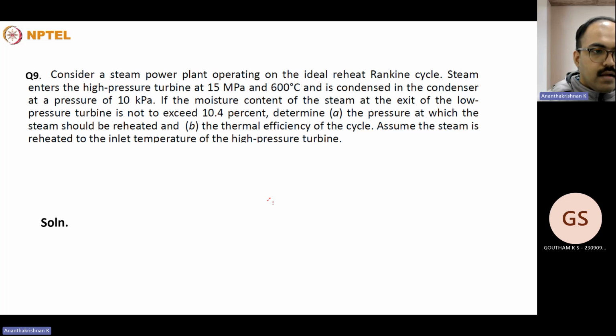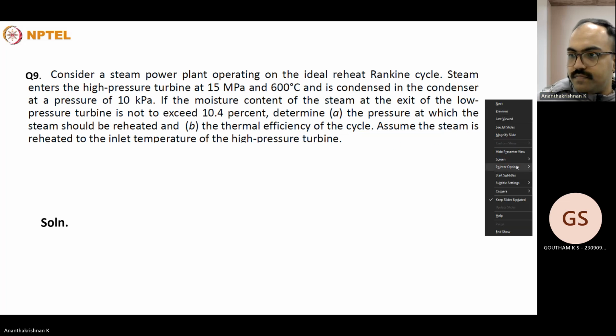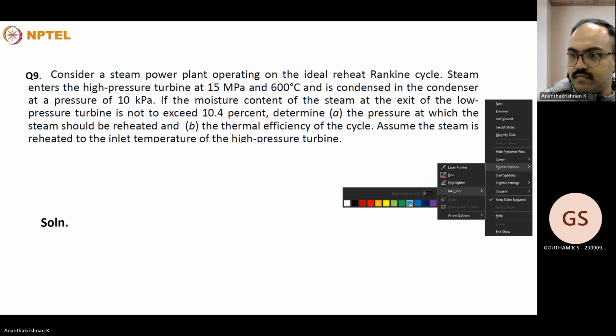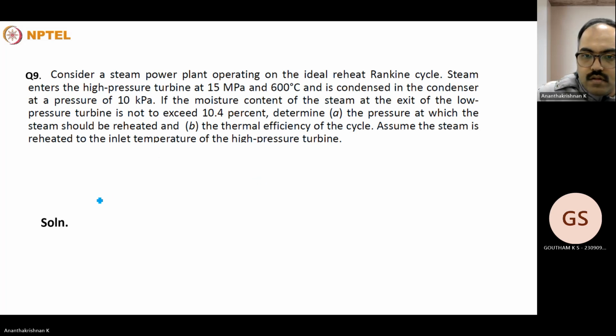Yeah, so I tried to draw the schematic as well as plot the cycle on the TS diagram, the TS plane. So we denote each of these state points at the entry and exit of different units within the cycle.